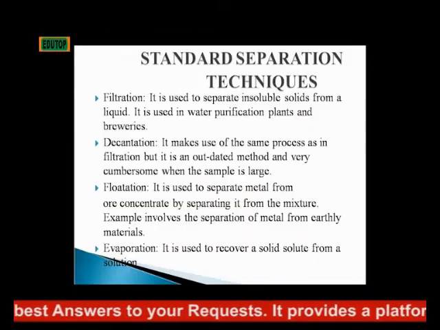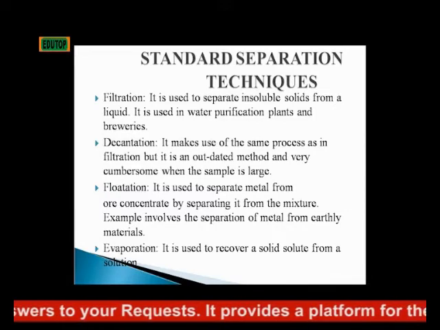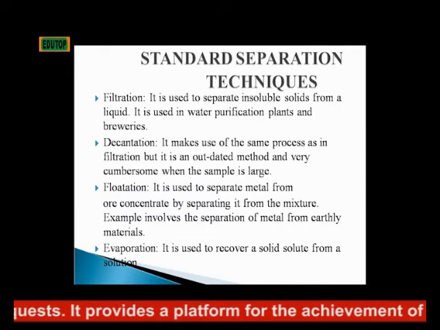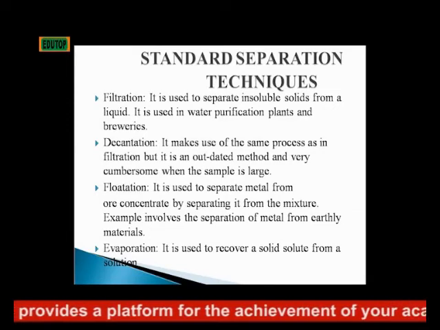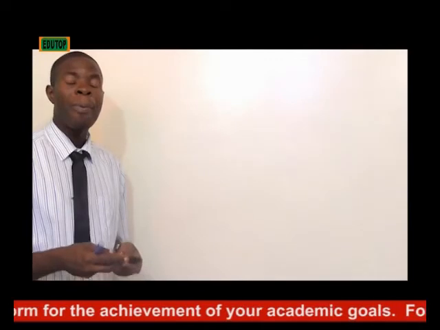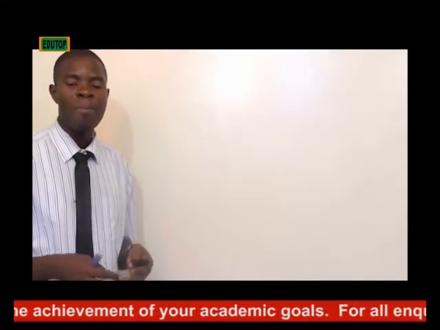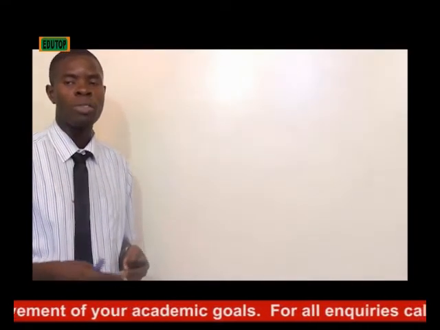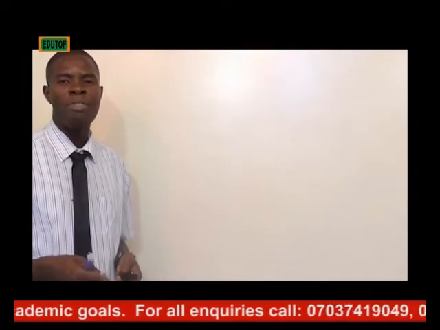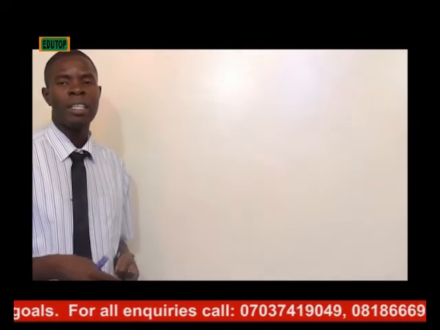Filtration is another separation technique. It is used to separate insoluble solids from a liquid. It is used in water purification plants and breweries. The pipe-borne water that we make use of in homes is subjected to this process before it can be fit for drinking and for cooking.